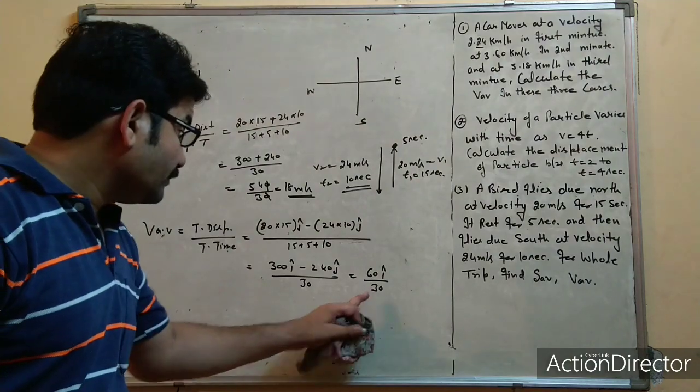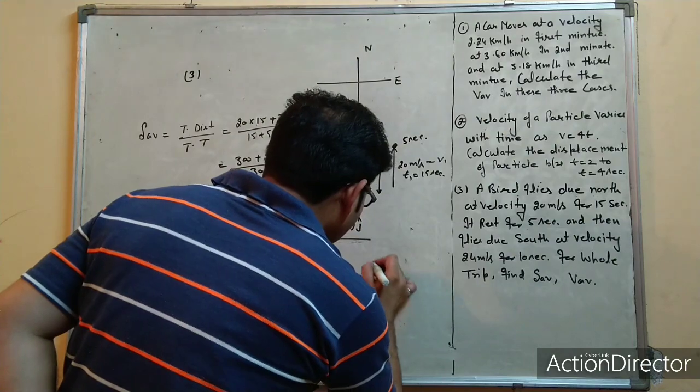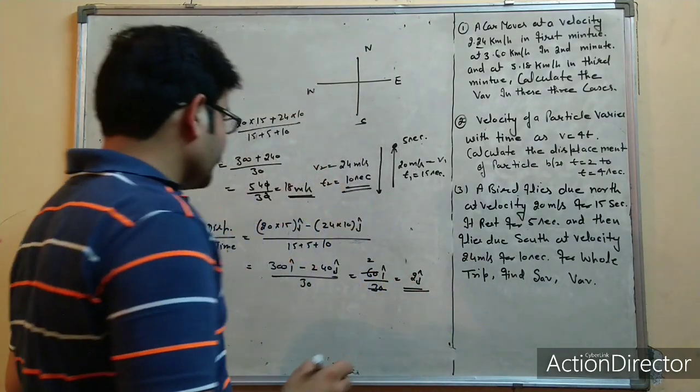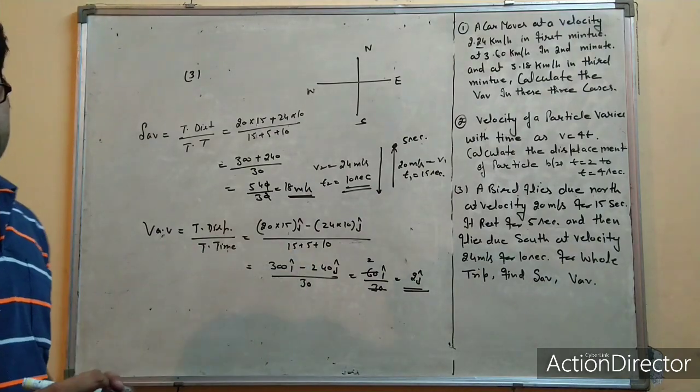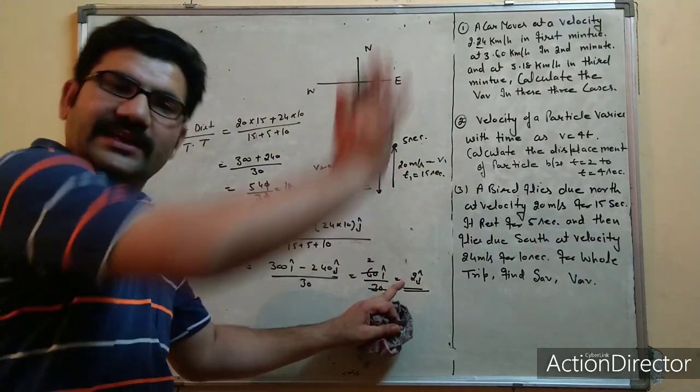What does that mean? It means 60 divided by 30 is 2 j. So this is the velocity, and its direction is clear, it will be along the y-axis.